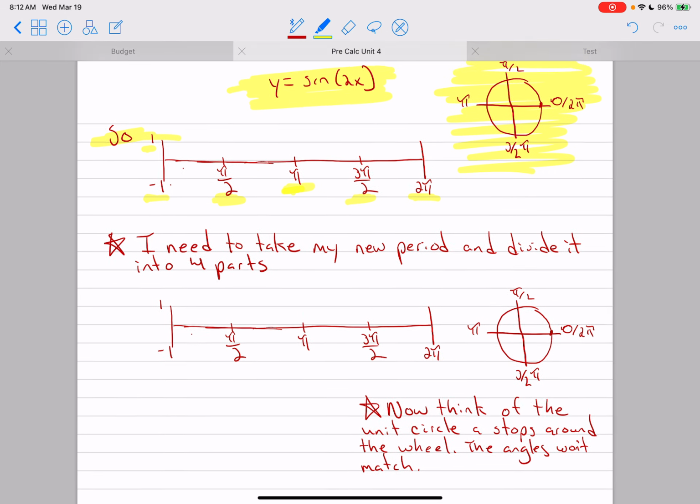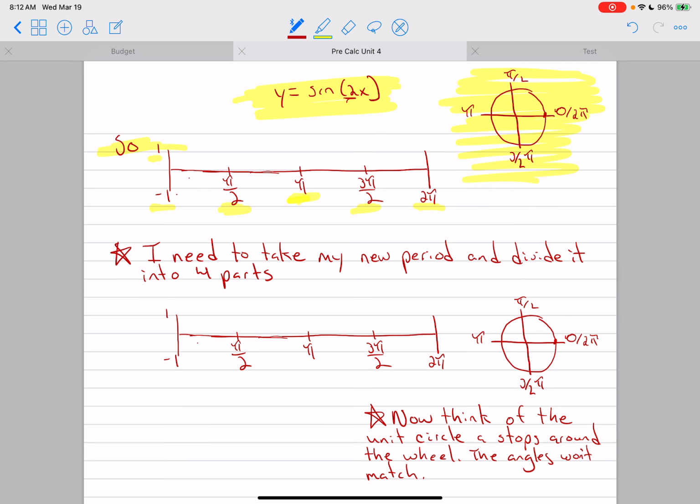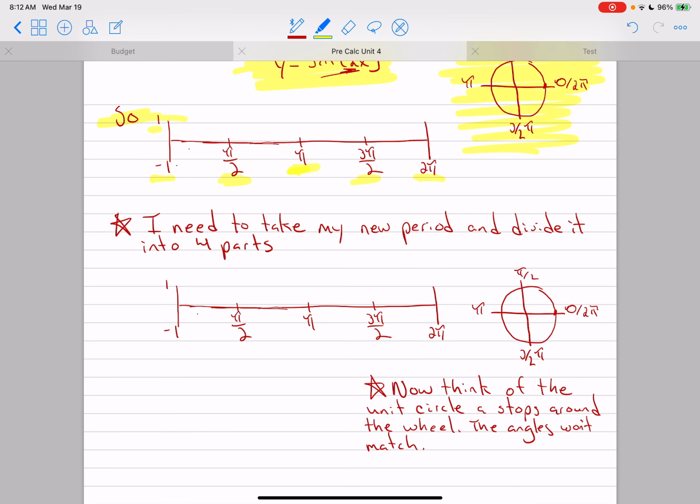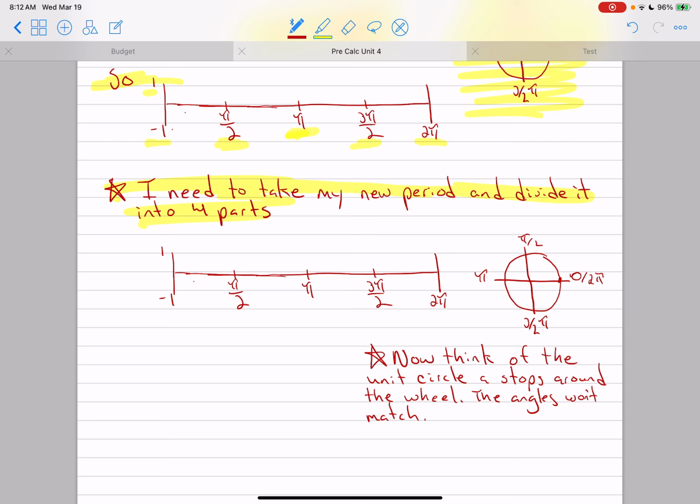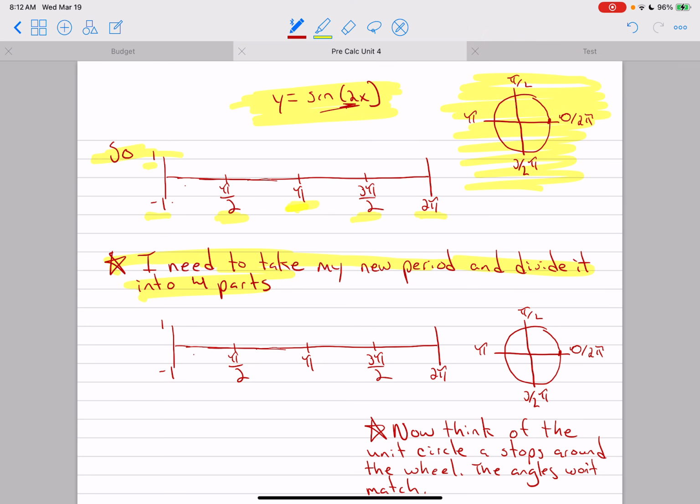But since we have the sine of 2x, right, this means I need to take my new period and divide it into 4 parts. Right, so let's actually go back. Right, we had our b value, the period was 2.